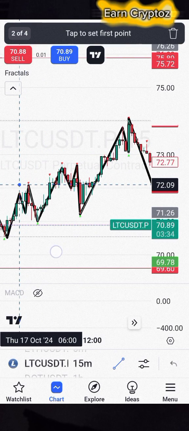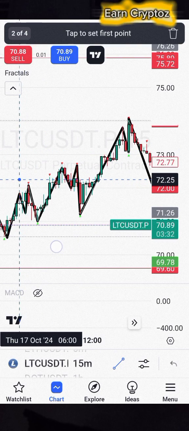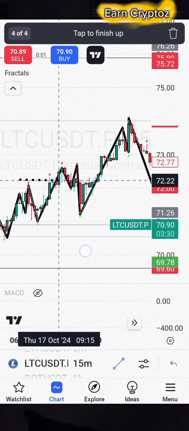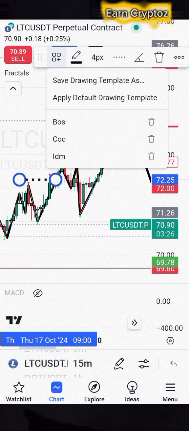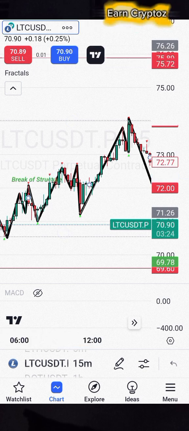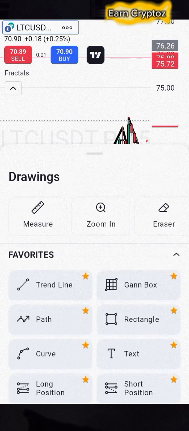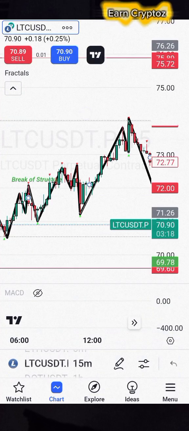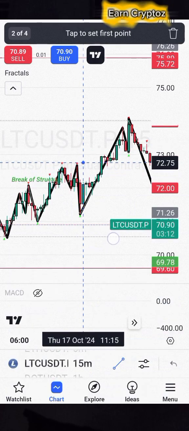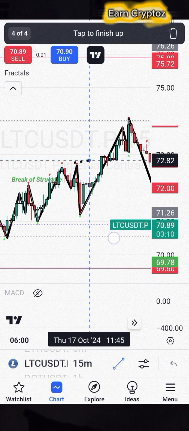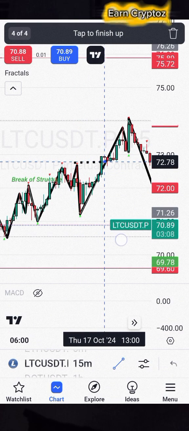After the correction, we have a break of structure with a continuation move. So on top there you have our break of structure. So once you see a correction and you see another move break above the correction, above the first impulsive move, there we have our break of structure.